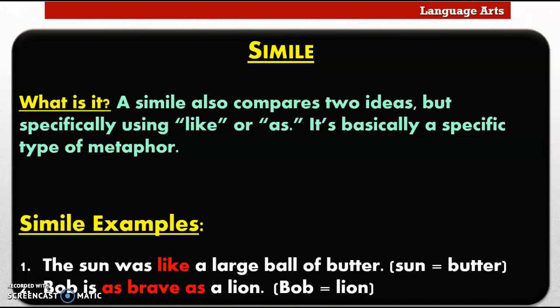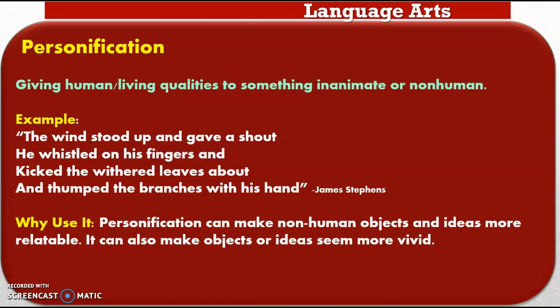And brave. Bob is as brave as a lion, right? Bob equals lion. So you're comparing the 2. What is Bob like? He is like a lion in his bravery, not in any other way, right? Just that quality. All right, so the third literary device we're going to use today is personification.